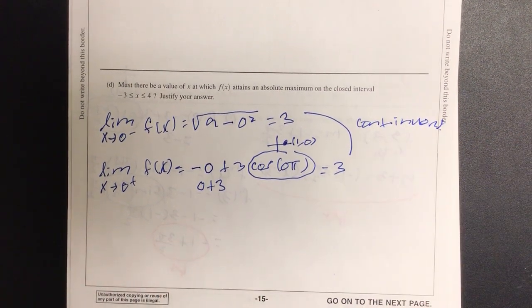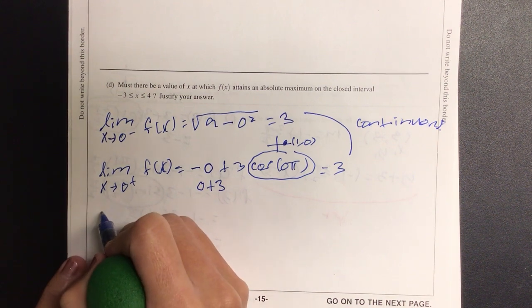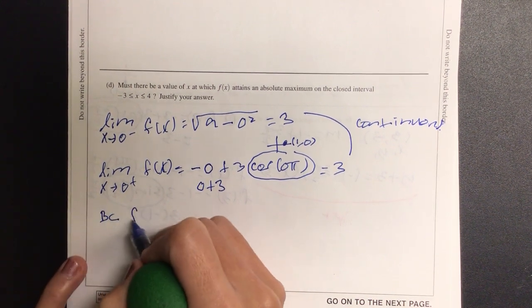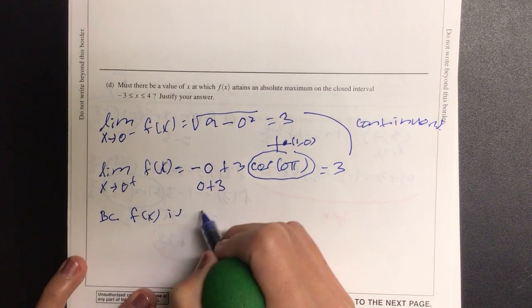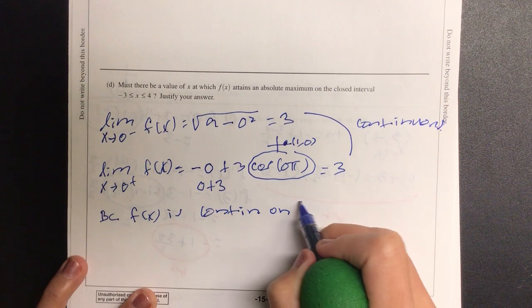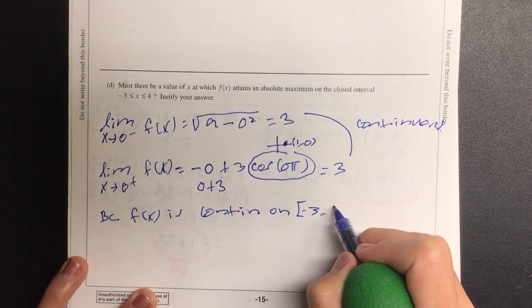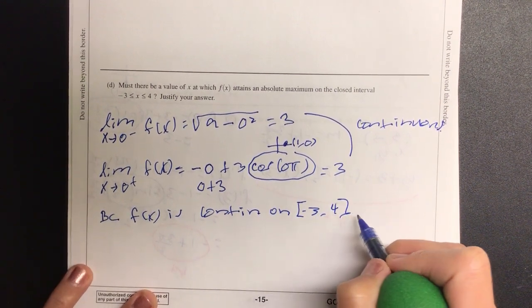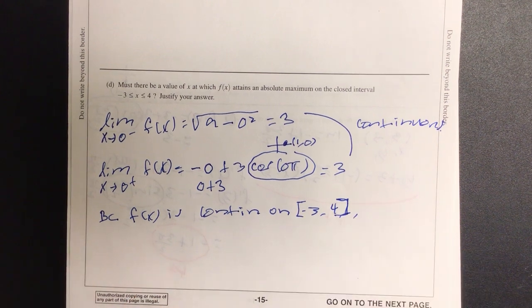And of course, for justifying, they do want that in a sentence. So let's write on here: because f of x is continuous on the interval given, negative 3 to what? 4? That's a bracket, ugly bracket.